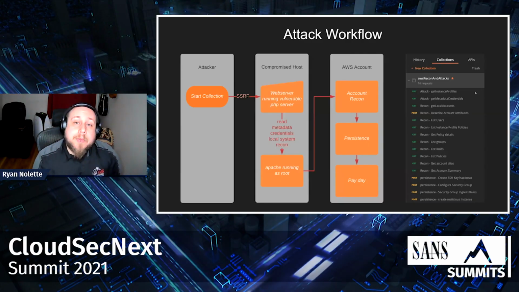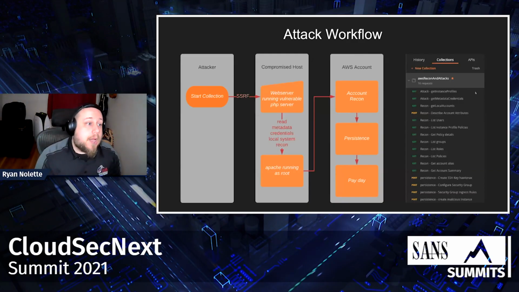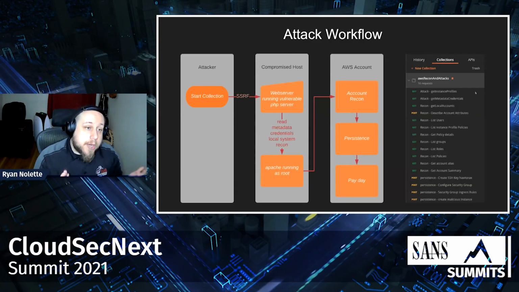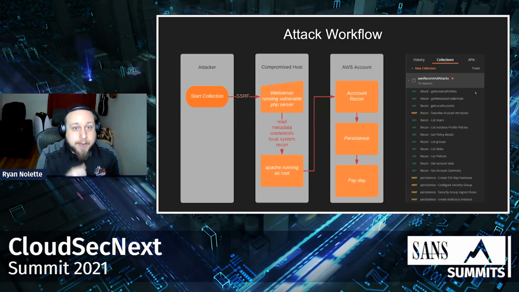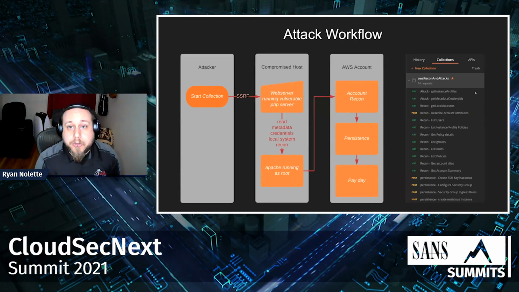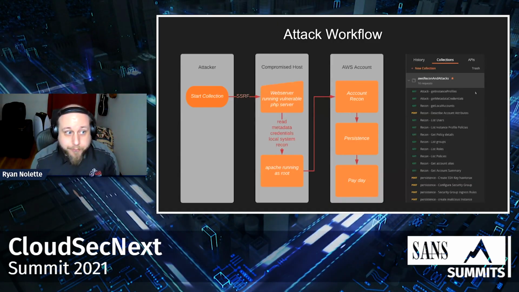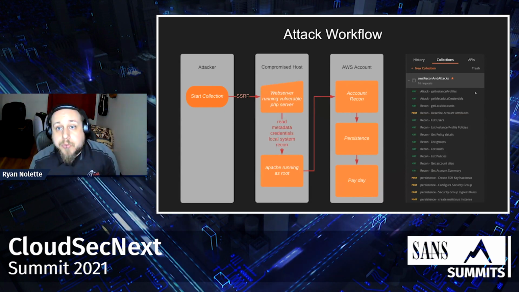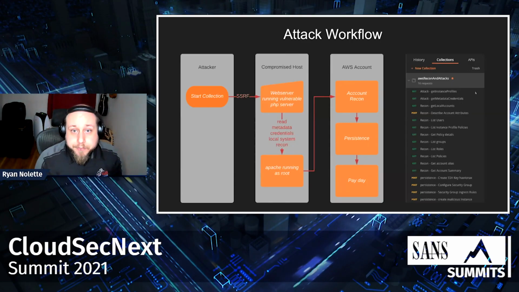Then once I'm able to get that, I get remote code execution on the server. I'm able to run a couple of local reconnaissance commands, list users, tell me who's on the box, stuff like that. Then I'm able to exfiltrate the metadata credentials. So that's the metadata service running on my EC2 instance, and use that in order to basically abuse privileges inside my AWS account as assuming that user.